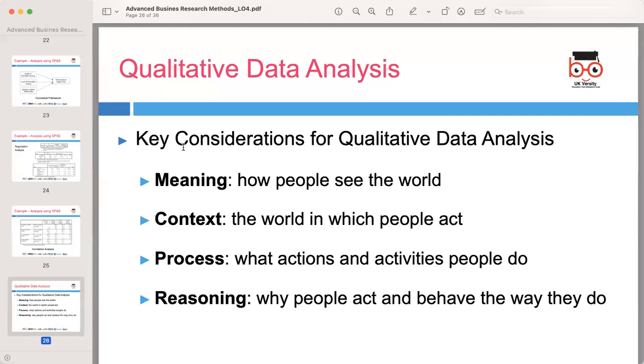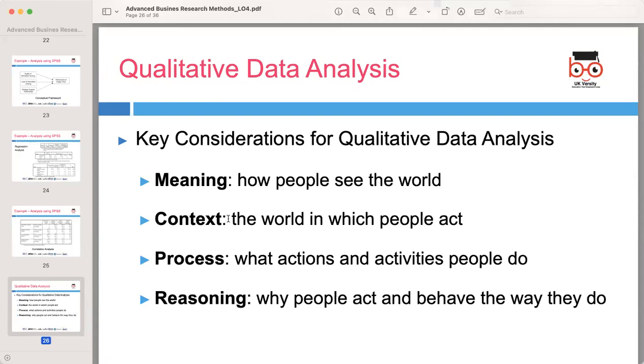So qualitative data basically involves understanding the meanings, context, process, and reasoning behind how people see the world and the actions they take. There are basically four main things in qualitative data. First one is meaning, how people see the world; context, the world in which people act; process, what actions and activities people do; and reasoning, why people act and behave the way they do.